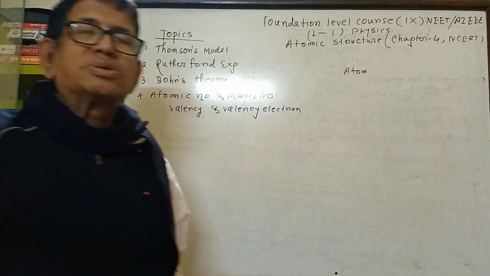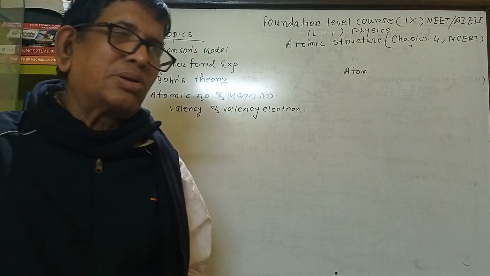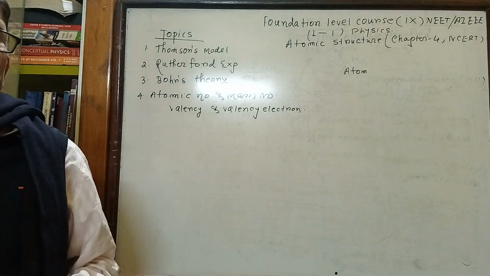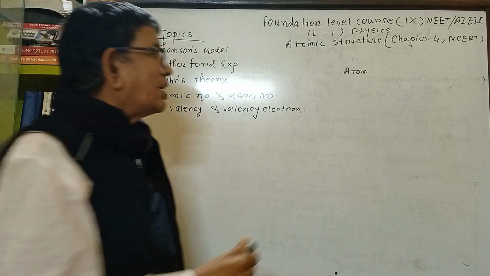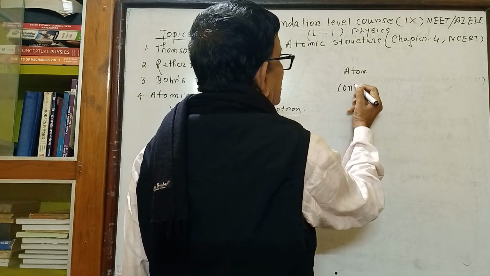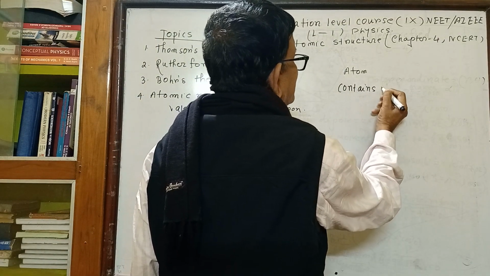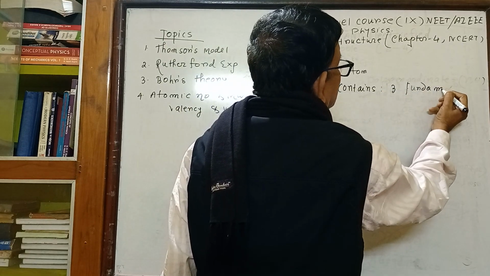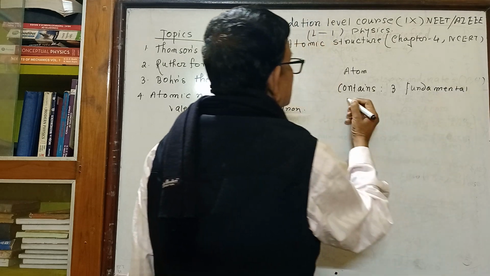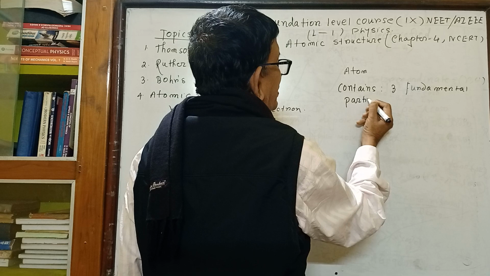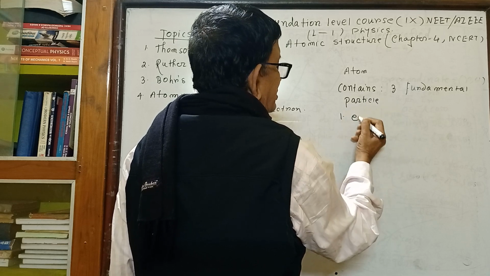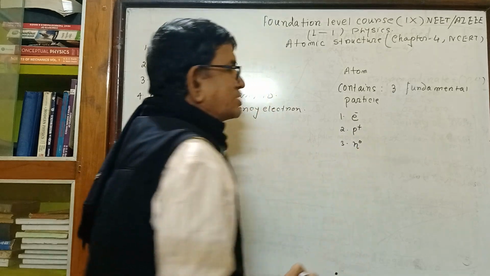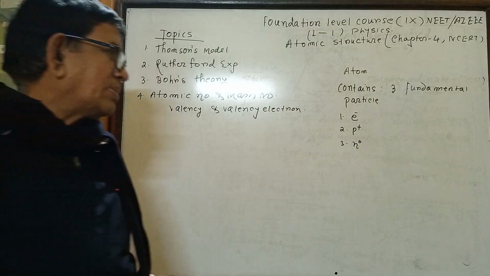According to Dalton, atom is not divisible, but later on, by Thomson's experiment and cathode rays, it was proved that the atom contains three fundamental particles: one is the negatively charged electron, another is the proton, and the third is the neutron.